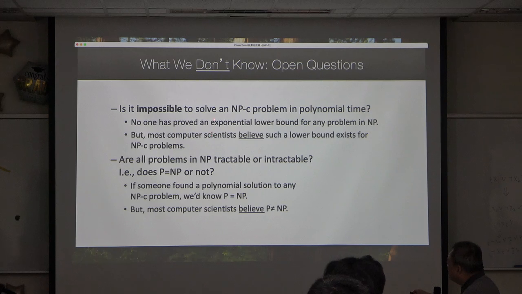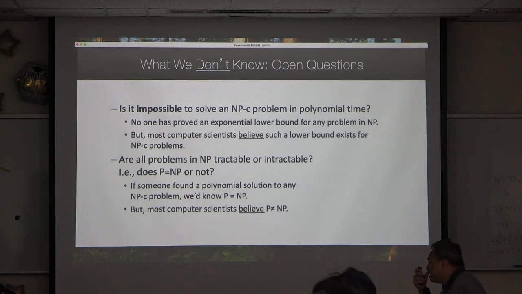And no one has proved an exponential lower bound for any NP problem. But most computer scientists believe such a lower bound exists for NP-complete problems. This is just a belief. Nobody has ever proved that yet. If you prove that, you win the Turing Award.